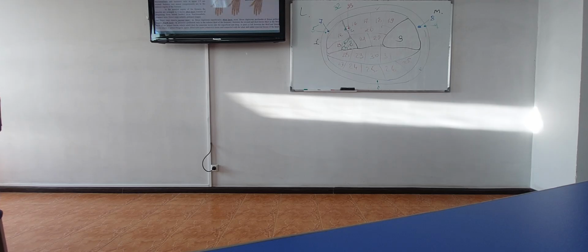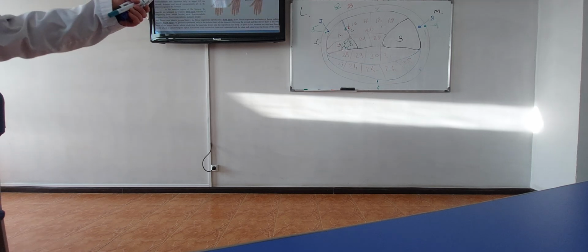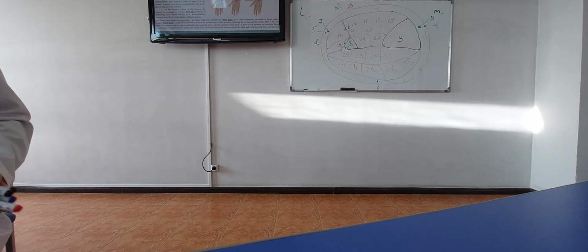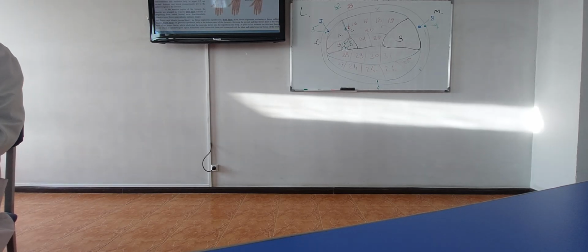In your palm we have two nerves, medianus and ulnaris. The radialis will not go to your anterior hand, it will come to the back. That's why in the last cross section, I will direct it to the back side. Why can I tell you? Because your dorsal hand is innervated by radialis, not your palmar.